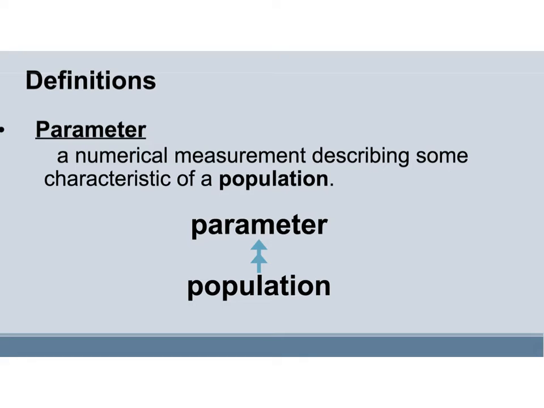A parameter is the numerical measurement we get from the population. So when you did the census, if it said that 75% of adults in Tennessee are Caucasian, that would be a parameter because it came from a census. So parameter comes from population.